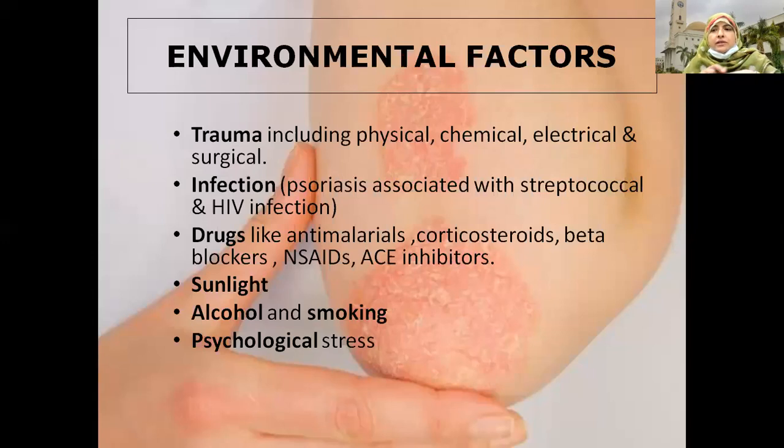Yes, it's not present, suppose here on the hand or on the wrist, but because of some even simple scratch or abrasion or a linear trauma, it can lead to the appearance of this disease at those places where it was not present before. This is known as isomorphic phenomenon or Koebner's phenomenon.